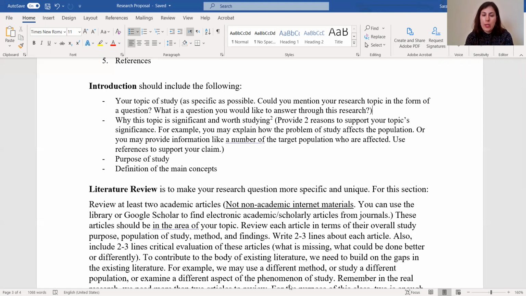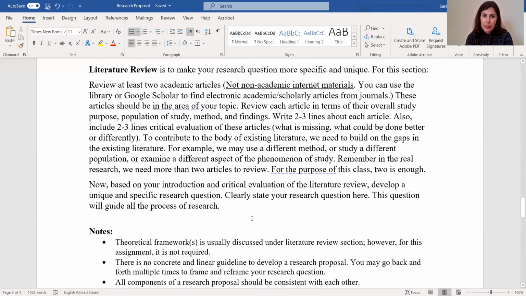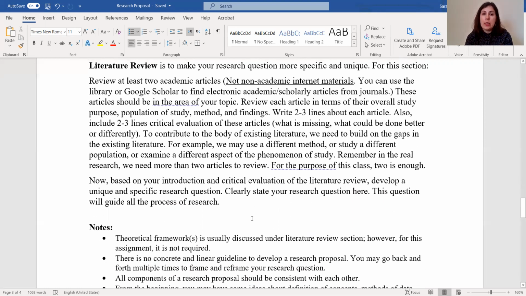The second component of research proposal, which is common and all research proposals should have this, is literature review. What is literature review? The purpose is to make your research question more specific and unique.